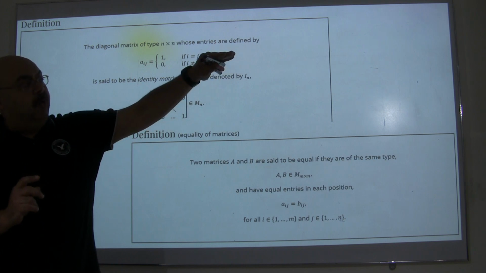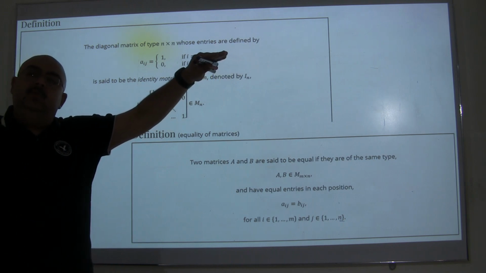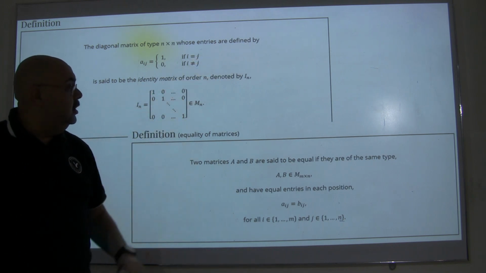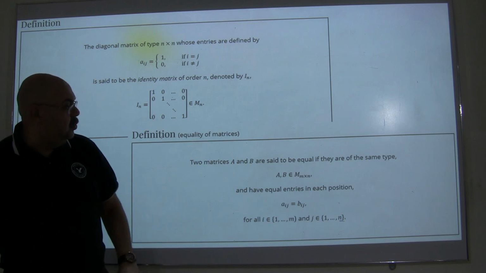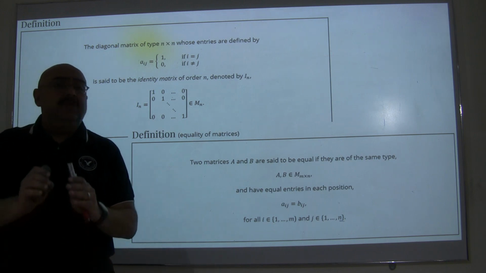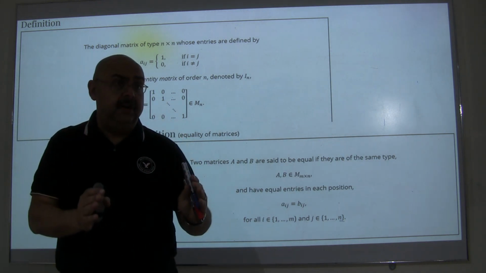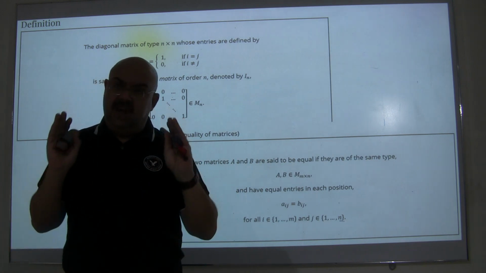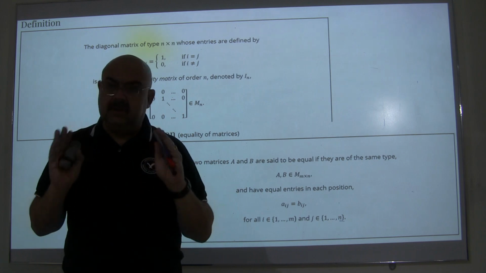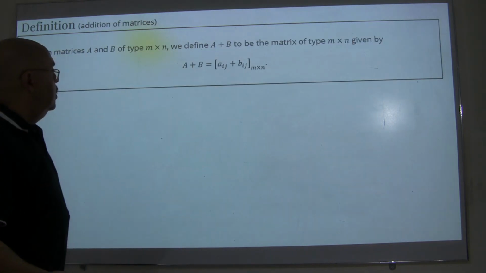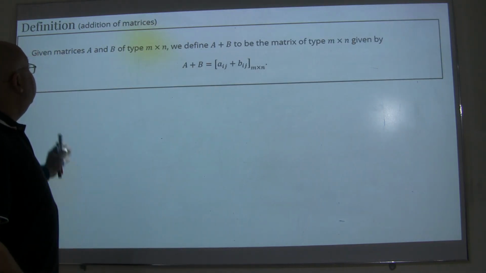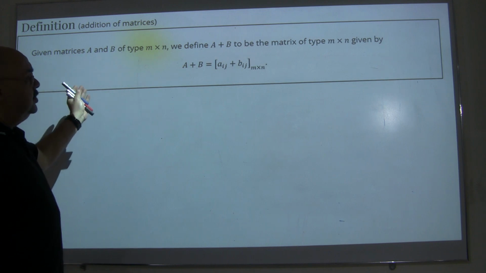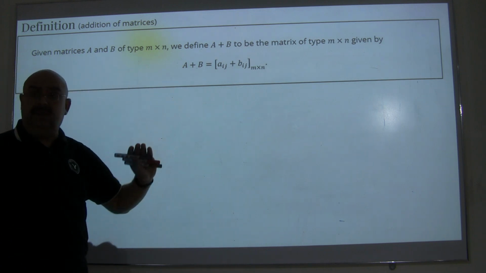So the element 1,1 in A will equal the element 1,1 in B, and so on. It's really very simple for equality in matrices, but they have to be copies of each other. To say that matrix A equals matrix B means they have the same dimension, same numbers, same positions, same everything.